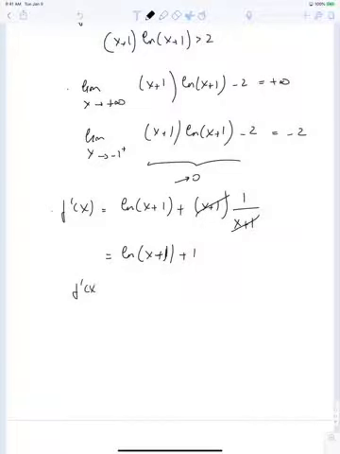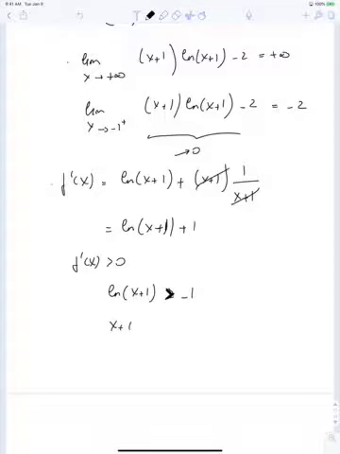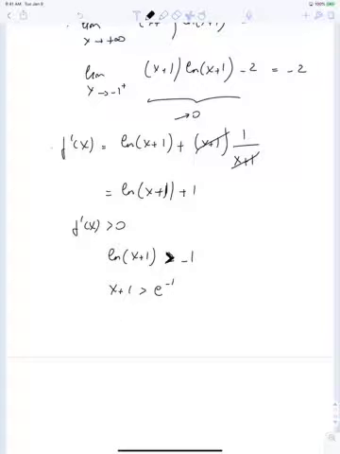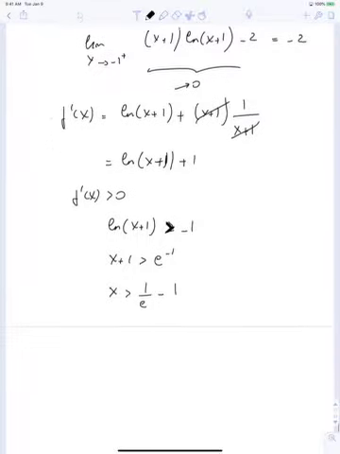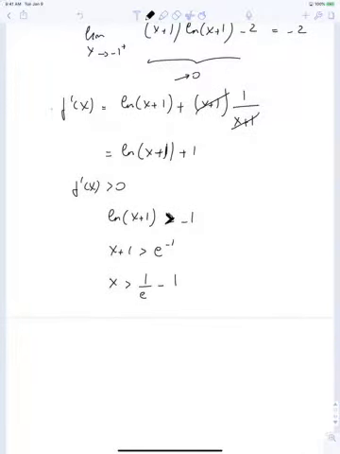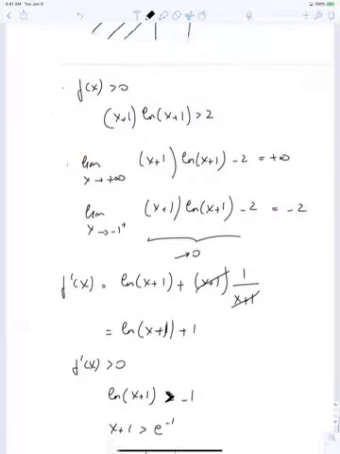So f prime of x is greater than 0 when the log of x plus 1 is greater than minus 1, which means x plus 1 greater than e to the power minus 1, which means x greater than 1 divided by e minus 1. So the minimum is at 1 divided by e minus 1.